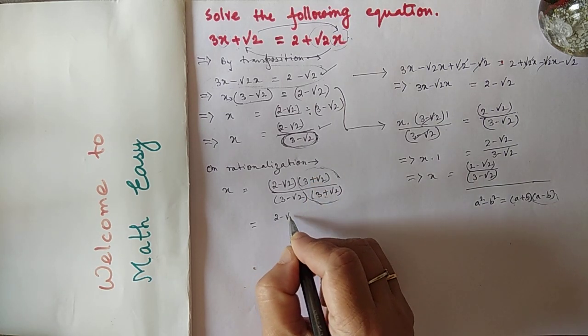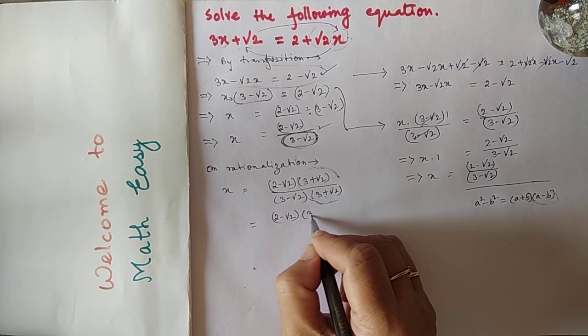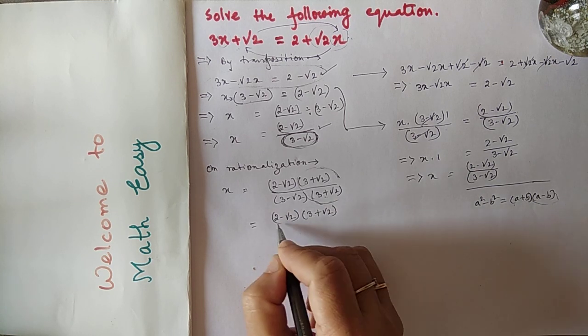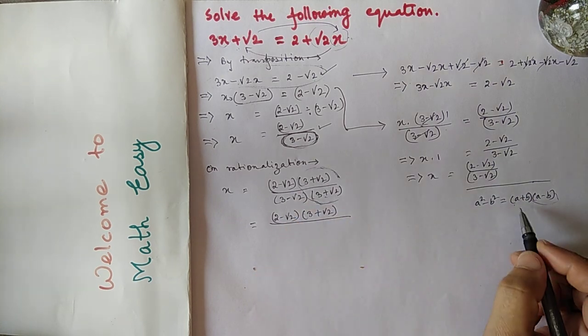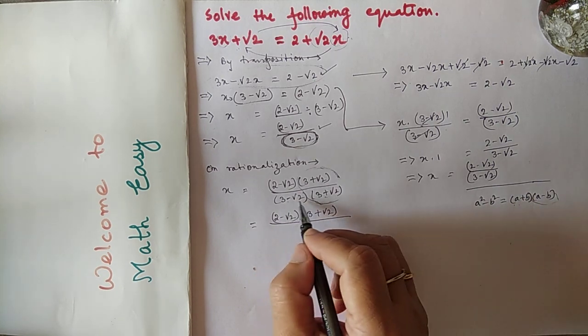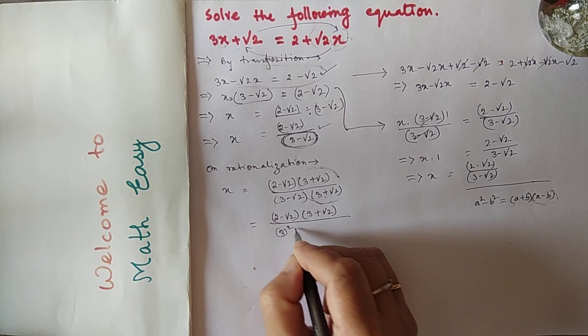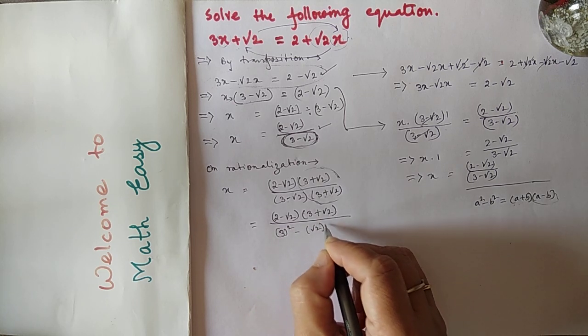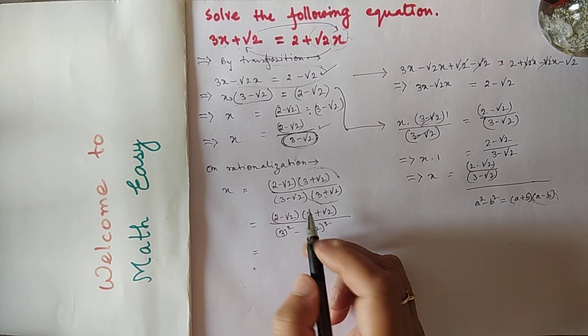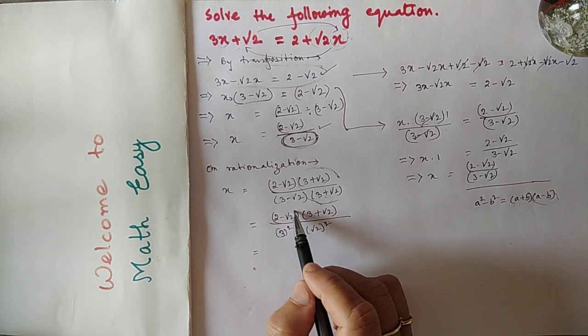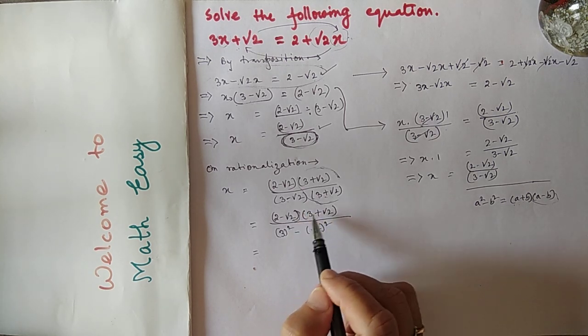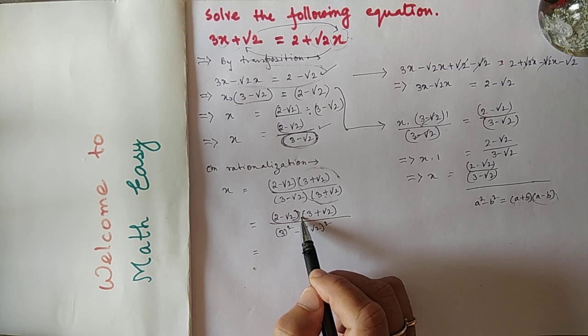So it will be (2 minus root 2) and (3 plus root 2), and here it will be a minus b into a plus b. You see, so it will be a square minus b square. So 3 square minus root 2 square. Now here you see, this is one term, this is another term, in between multiplication sign is there.